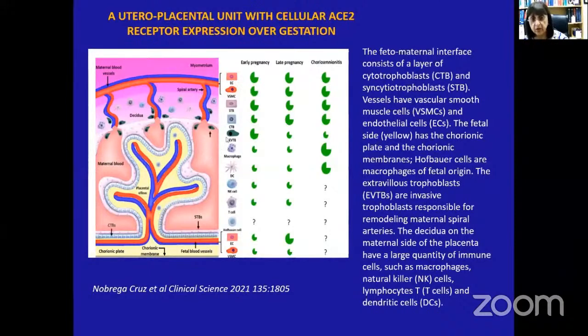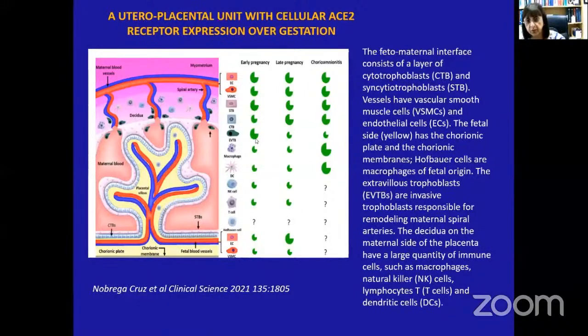And on the right side of the screen, you see several types of cells listed here, and I won't go into the details of them, but each of these is either a vascular cell or an inflammatory cell, and they may be fetal cells, or they may be maternal cells, or they may be on both. And you can see that early in pregnancy, there is more ACE2 expression on the maternal side, whereas later on in pregnancy, there is more expression on the fetal side.